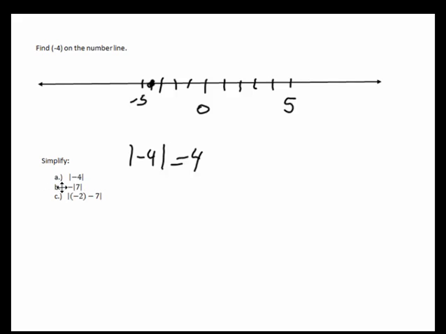Right? And now B says negative absolute value of 7. Well, here's 7 on our number line. The absolute value of 7 is 7, so the negative absolute value of 7 is negative 7.